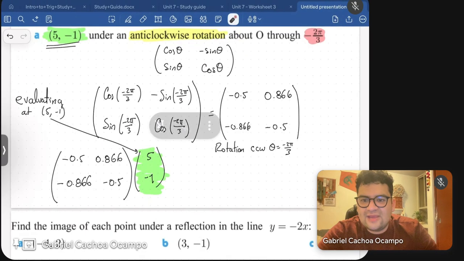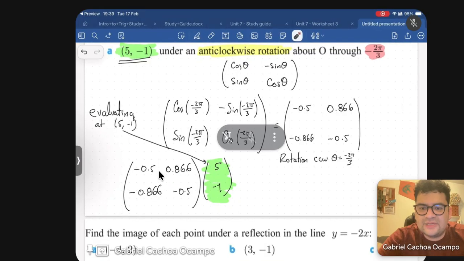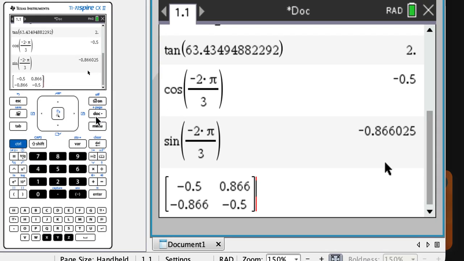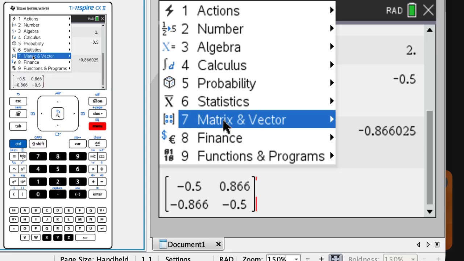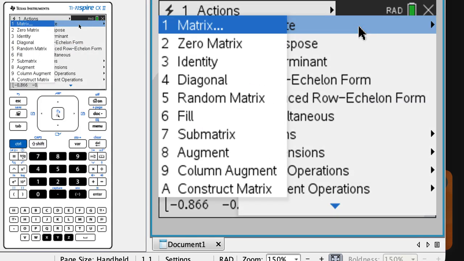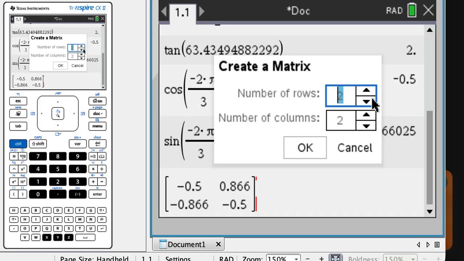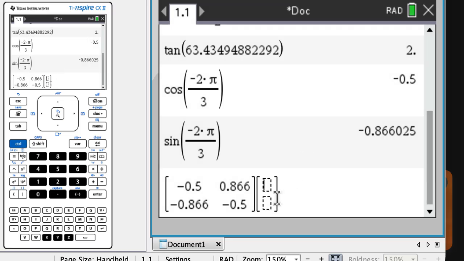I already have this, and now I want to put the green part. So I go to menu, matrix vector, create a matrix with 2 rows and 1 column. And I want to multiply by 5, comma, negative 1. I don't have to specify what type of product it is.